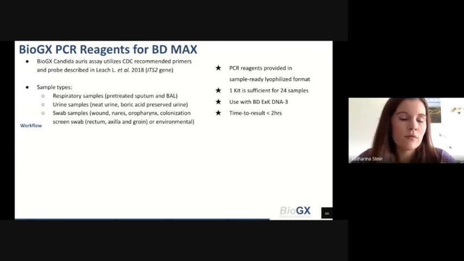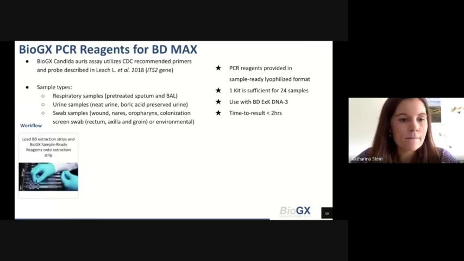And I'm sure you're all familiar with the workflow of the BD MAX and how to use this assay, but just to briefly touch on what the workflow of this assay looks like. The customer needs the BD extraction strips and also BD PCR cartridges. Those extraction strips are loaded onto the rack, and then the BioGX reagents are snapped into the extraction strips.